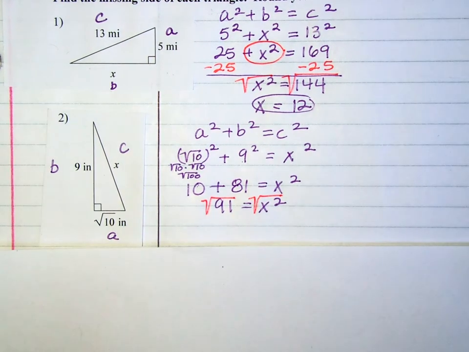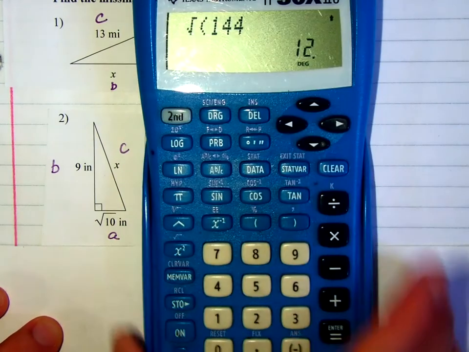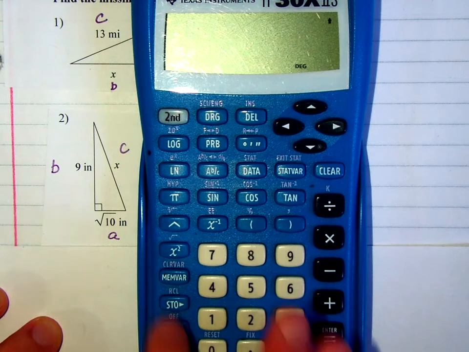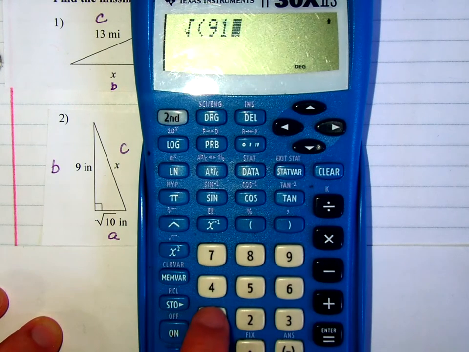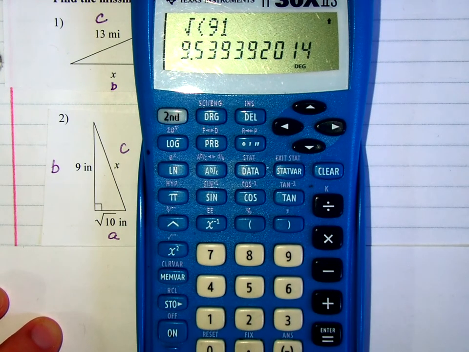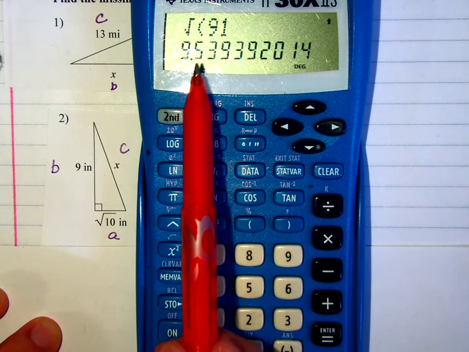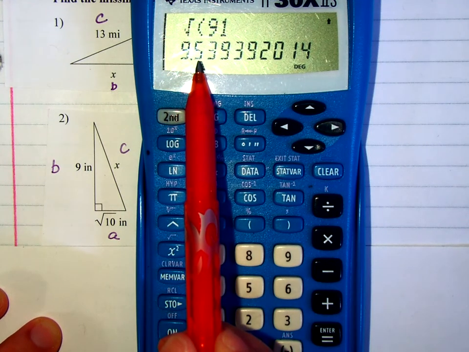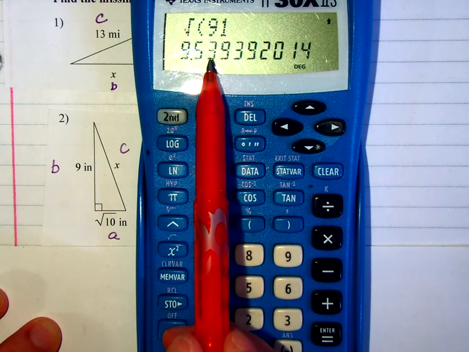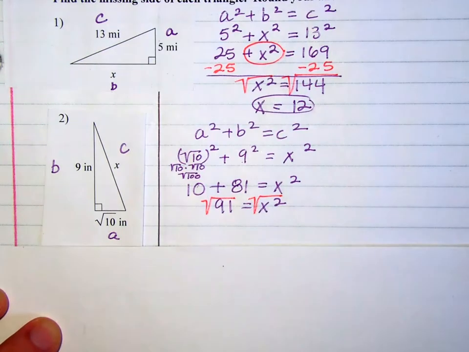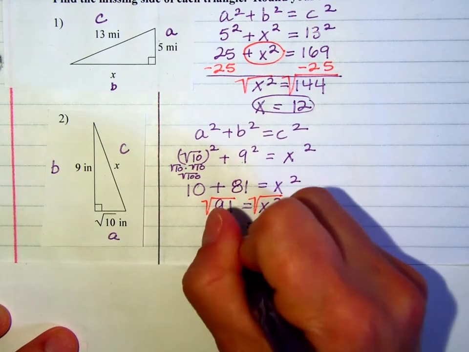So with your calculator, I want the square root of 91, so second for the radical, 91, and I get this hot mess. Now remember, we want to round to the nearest tenth, which means we want this number. We always look to the right to let us know whether we stay or we move 1. So it's a 3, that means we keep that 5. So that's going to be x is equal to 9.5.